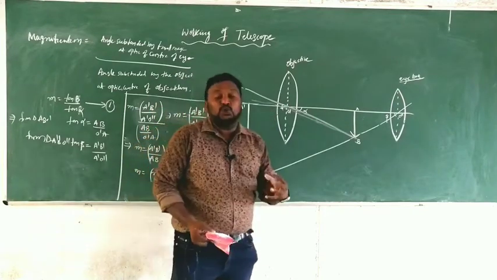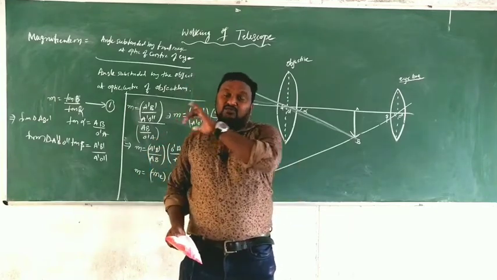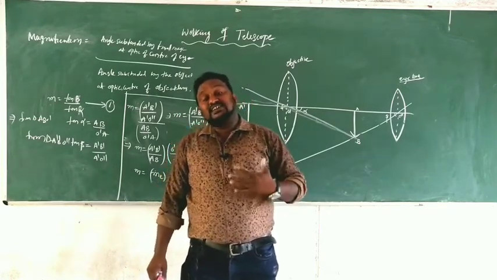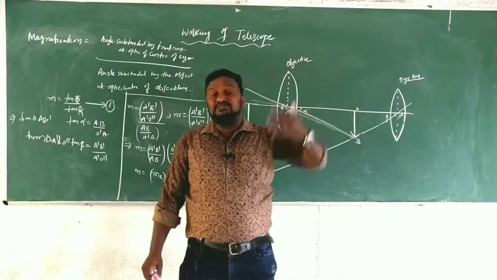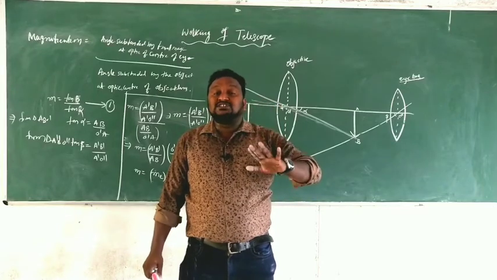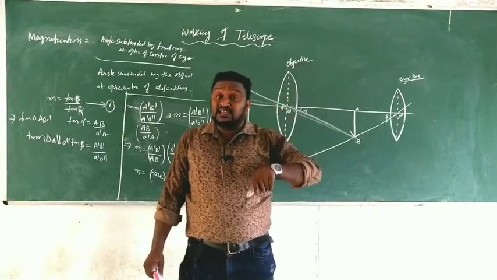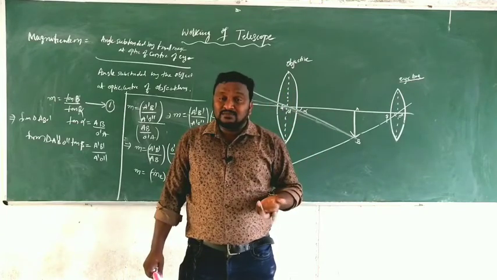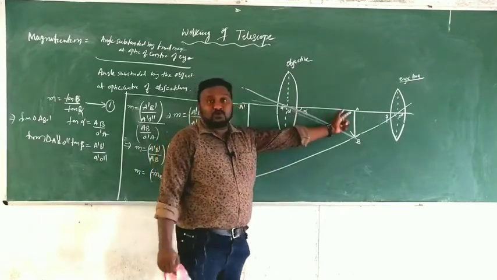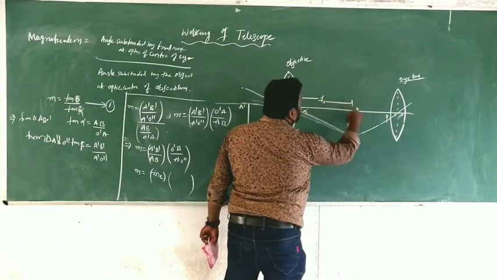So we already know that when the object is at infinity, we consider the object to be at infinity. Clear? When the object is at infinity, where will we get the image? At the focus point. That's why this is the focal length of the objective lens.